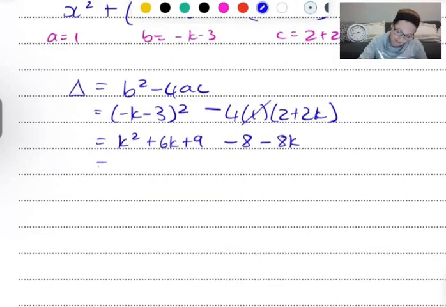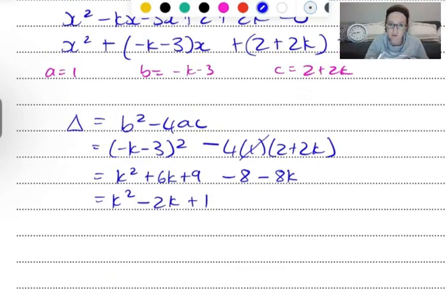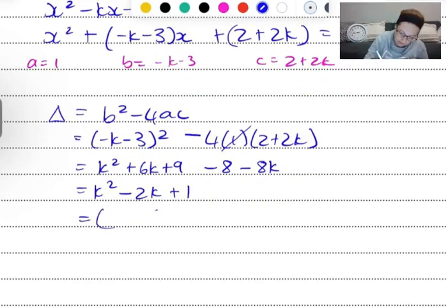If I add up these like terms, I've got k squared minus 2k plus 1. And then my next thing, if I ever want to prove that something is positive or negative, the best way to do that is to go into completed square format. So I'm going to complete the square here. I halve my k term, and then I subtract, always subtract whatever the term is squared, and keep your leftovers.